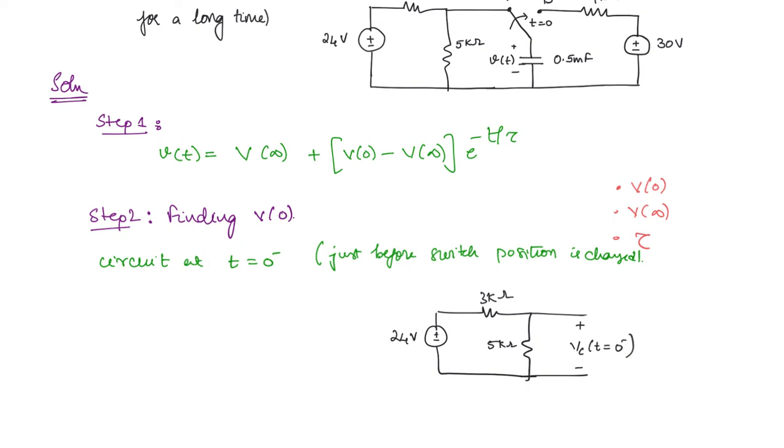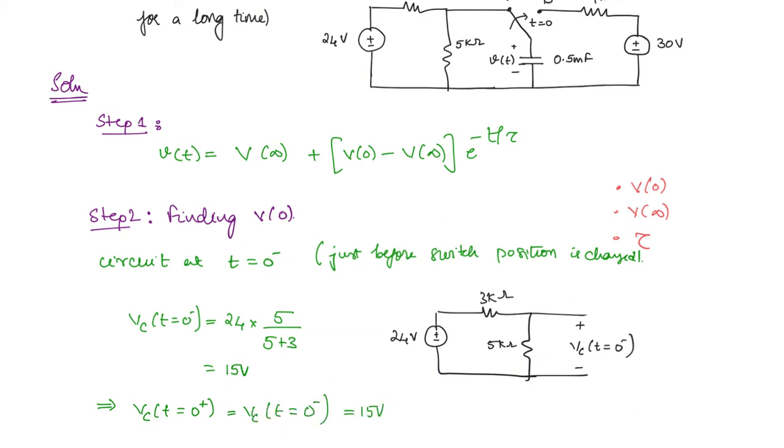We got a very simple circuit, it has been reduced to a voltage division problem. So Vc at t is equal to 0 minus is equal to 24 into 5 divided by 5 plus 3, which is 15 volt. Then Vc at t is equal to 0 should also be equal to the value at t is equal to 0 minus, which will be 15 volt.